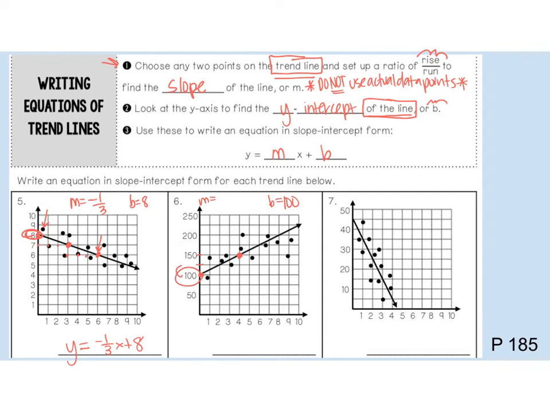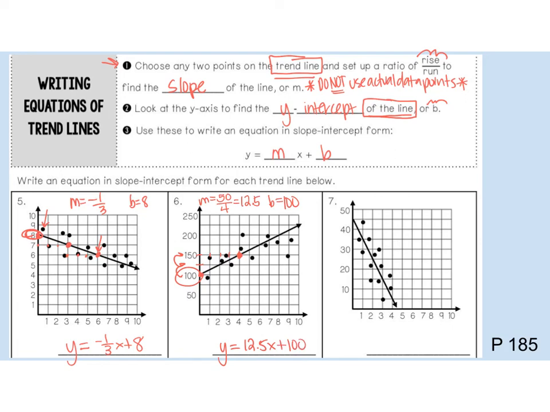It's rising 50 and then running 1, 2, 3, 4. So my slope is rise 50, run 4, which gives me 12.5. So my equation would be y equals 12.5x plus 100 for b.